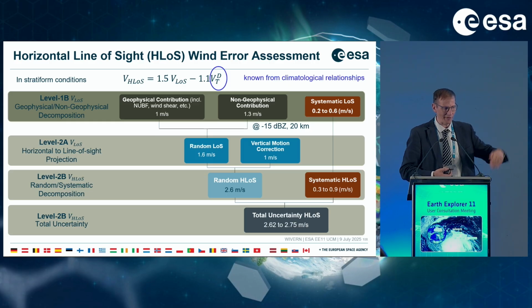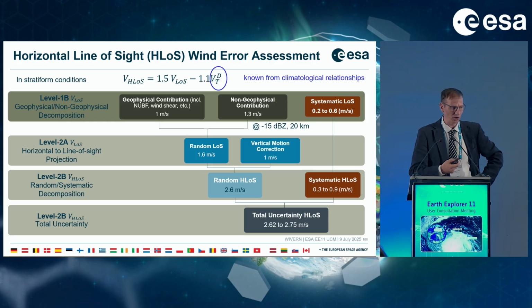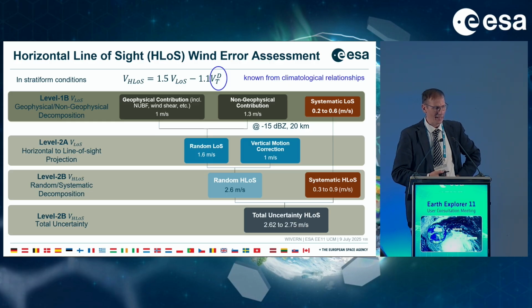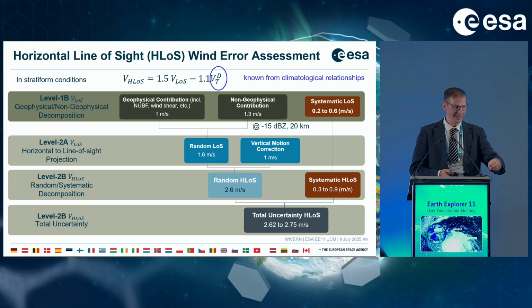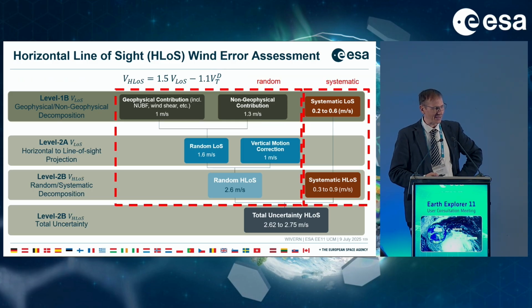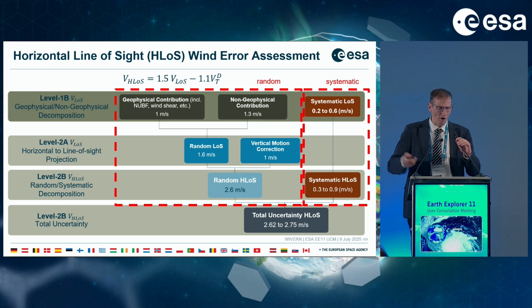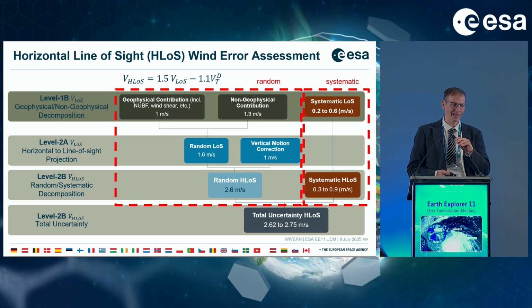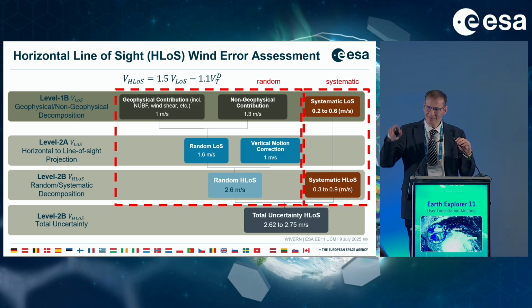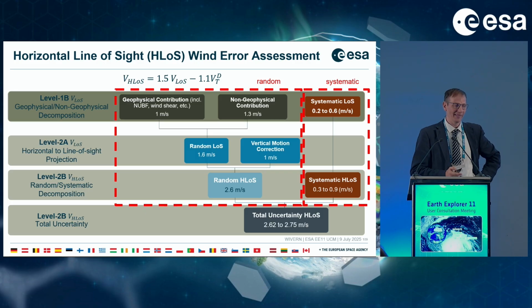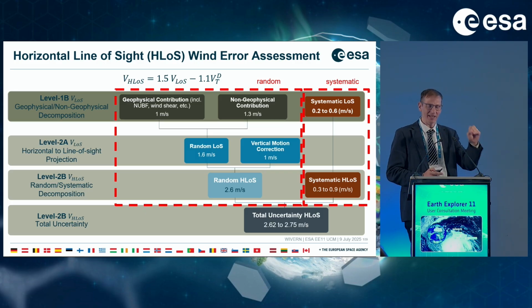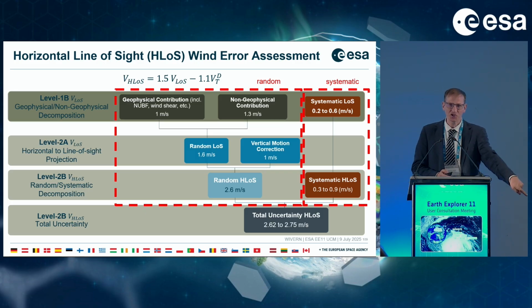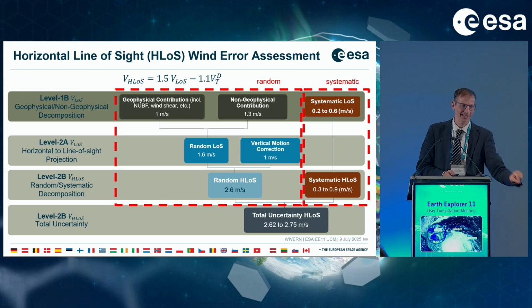The only thing is we have to subtract the terminal velocity of the hydrometeors, but we know that very well from climatology. So we can actually analyze in detail the systematic and the random errors. And we know from the technical team, from the industrial studies, but also from experience that we have gained this year from the airborne Doppler radar calibration, that essentially we can calibrate the radar very well using the surface as a reference, the fact that the surface is standing.